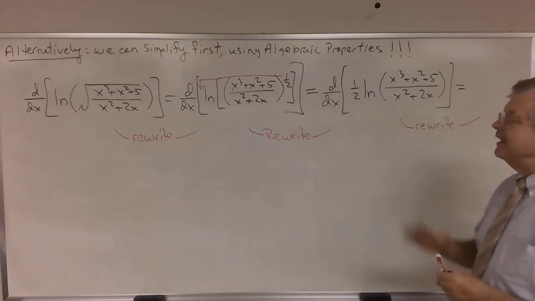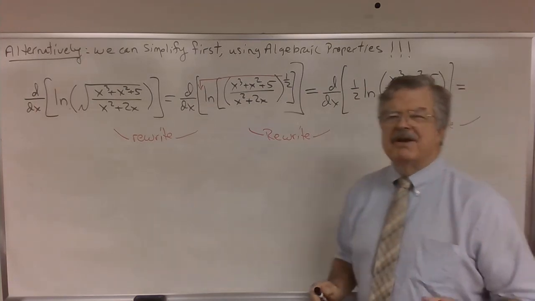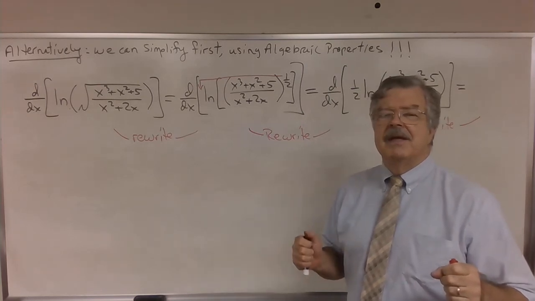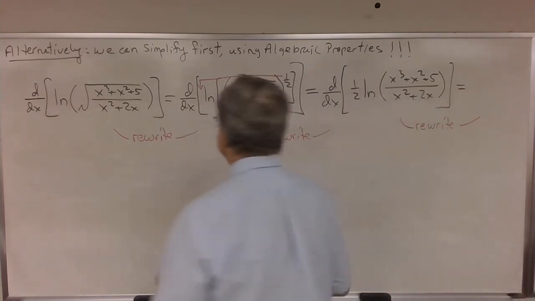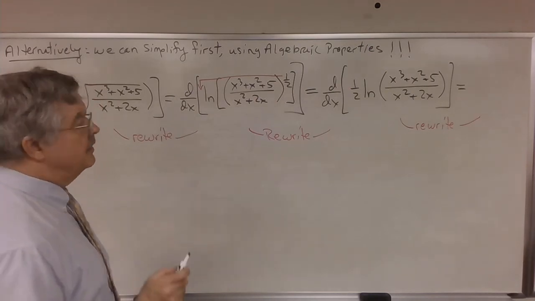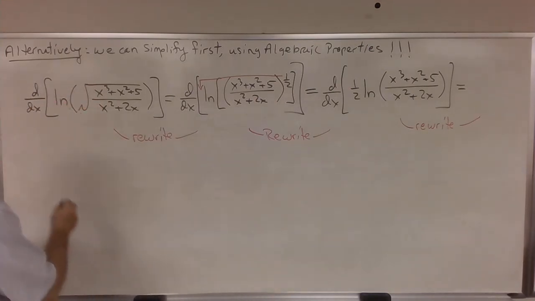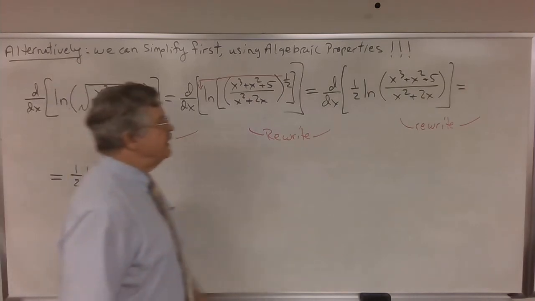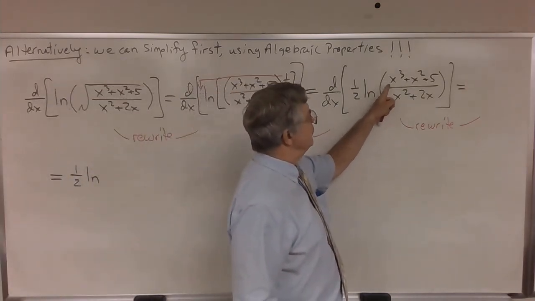The rewriting is simple compared to using the chain rule, the quotient rule. And we're going to have to use the chain rule twice if we leave it in this form. So rewrite again. And I have 1/2 the natural log of garbage. Well, it's the natural logarithm of a quotient.